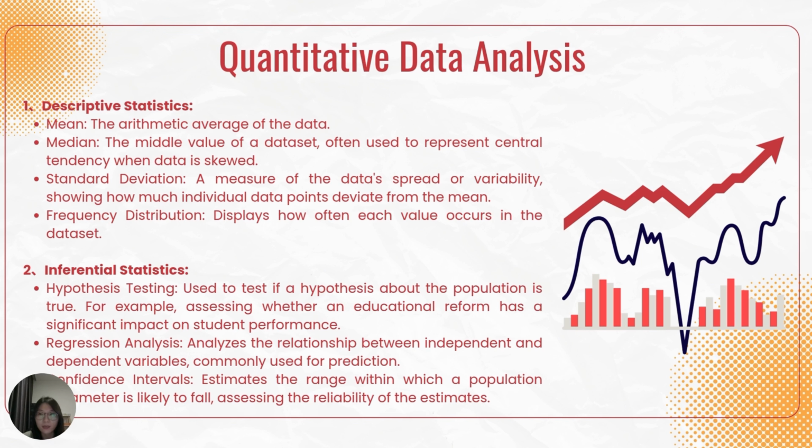of a dataset. It includes the mean, the arithmetic average of the data; the median, the middle value of a dataset, often used to represent central tendency when data is skewed; standard deviation, a measure of the data spread or variability, showing how much individual data points deviate from the mean; and frequency distribution, which displays how often each value occurs in the dataset.